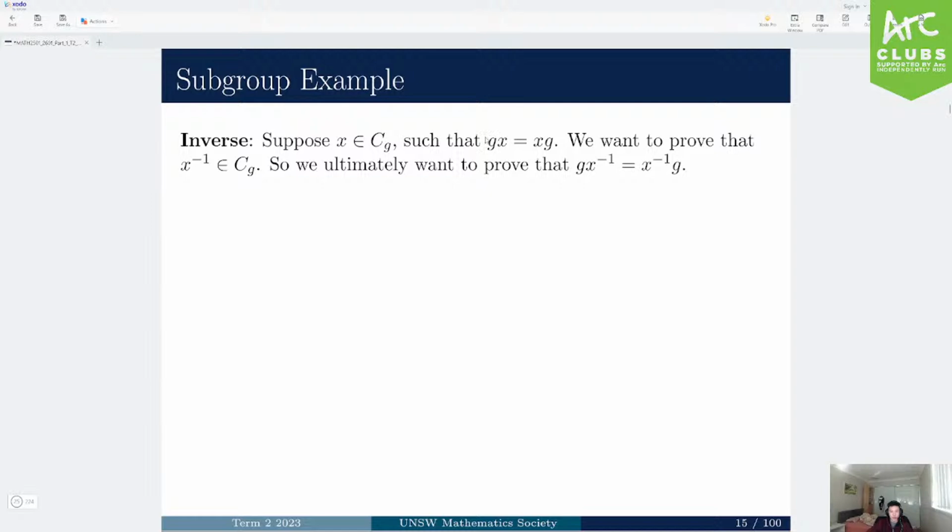One thing we can do is start with this equation here and multiply the left and the right by x inverse.